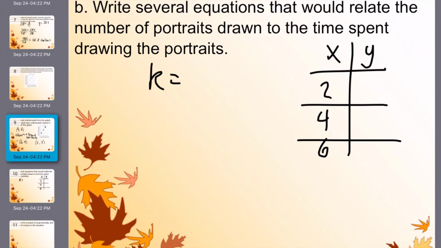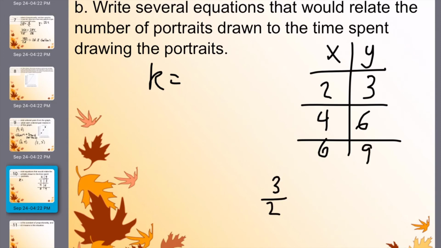And let's see, it was 3, 6, 9. So what I'm going to do is I have 3 over 2, 6 over 4, 9 over 6, and that actually all equals 1 1/2 or 3 over 2, because I know that my constant of proportionality is 3 over 2.